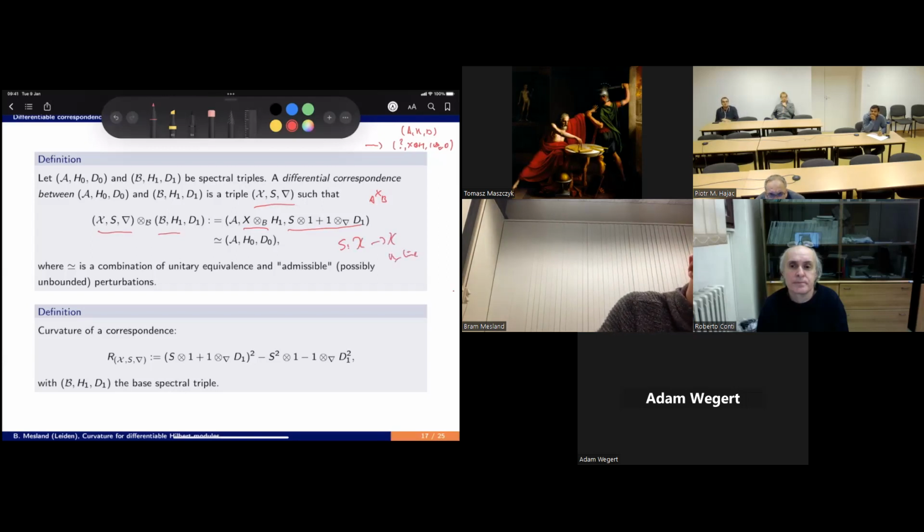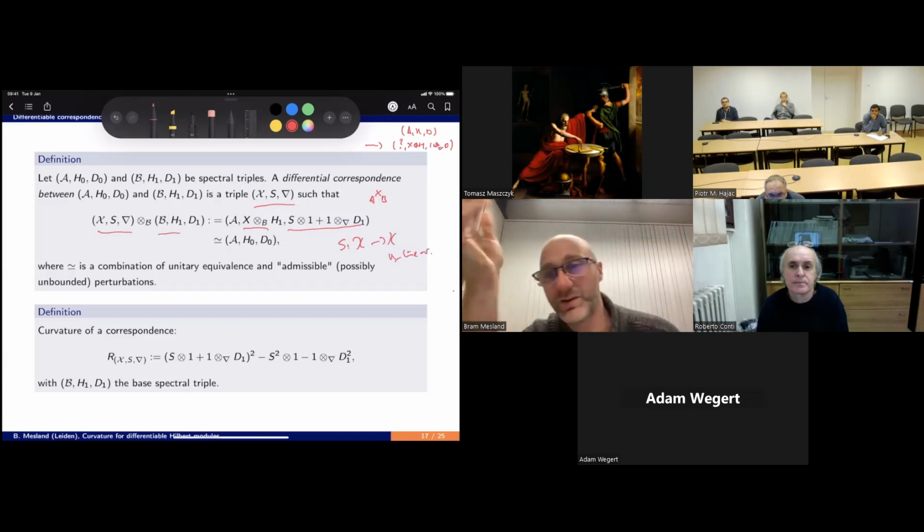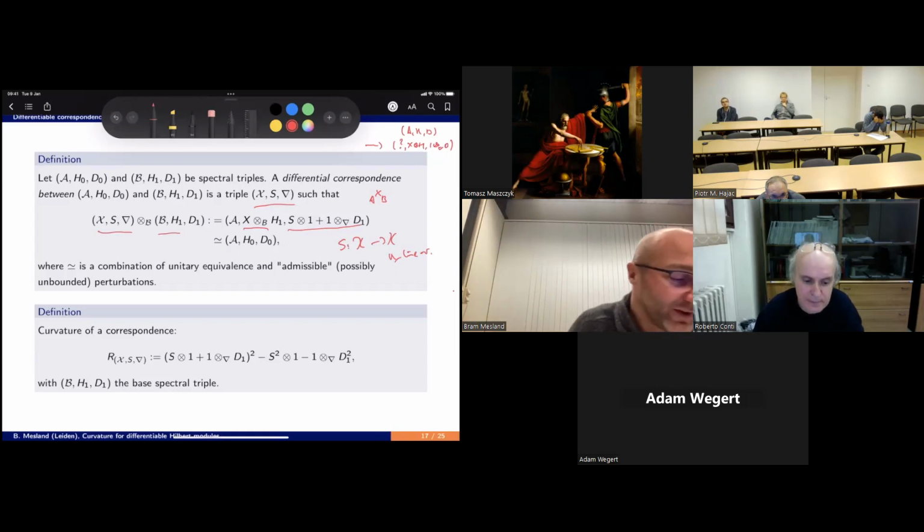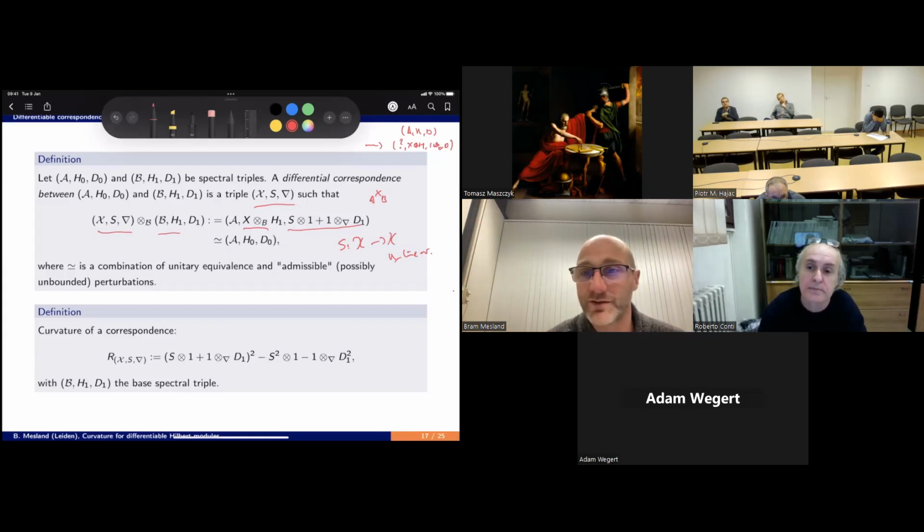It's a module operator. In the C-star completion, you should require that it's self-adjoint and regular and all that. So this is the kind of operator that features in unbounded KK-theory. And this algebraic operation that I describe here corresponds, after equivalence, to the Kasparov product. This is really what that is.